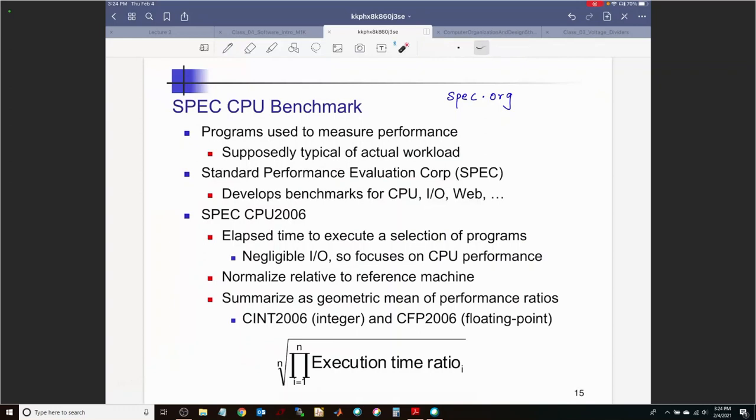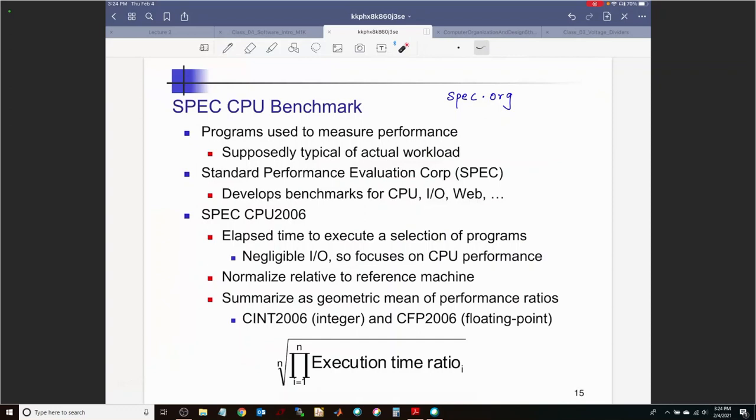To compare performance, we are going to look at this benchmark with respect to one set of programs, an actual workload. A workload is a set of benchmarks that are commonly used by users. So we're going to take a workload, we are going to run it on computer A, B, C, and so on.